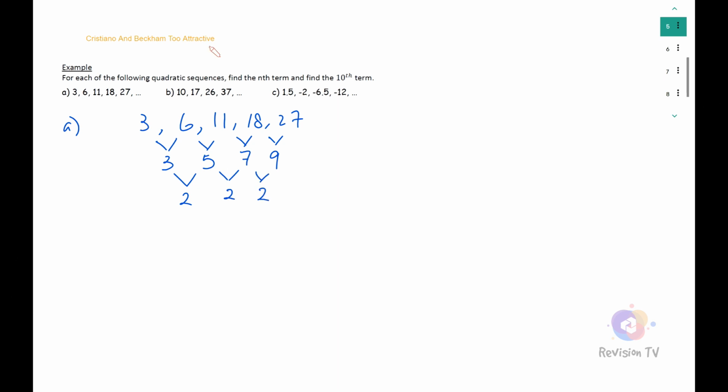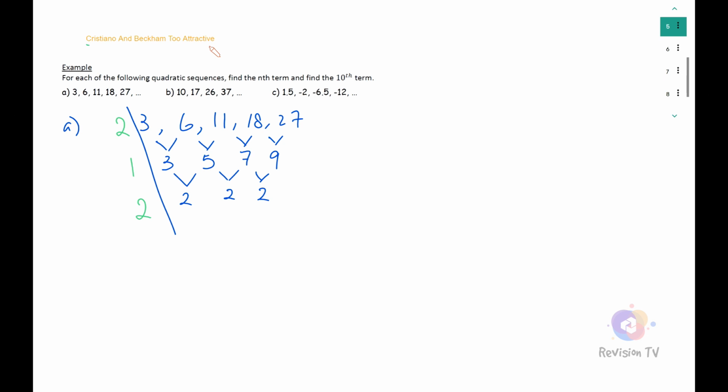Perfect. Next step, we're going to find the 0th term. To find the 0th term, we start from the bottom, like a pyramid. 2, 2, 2, the previous must be a 2. This one, 3, 5, 7, 9, the first number must be 1. Now this one, something plus 1 equals 3, so this term must be 2.